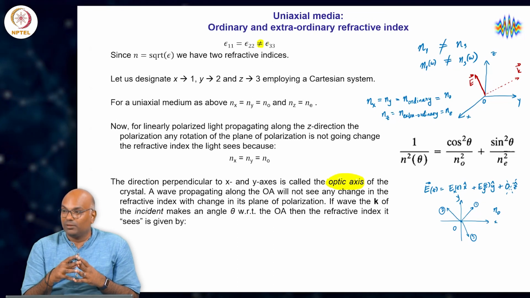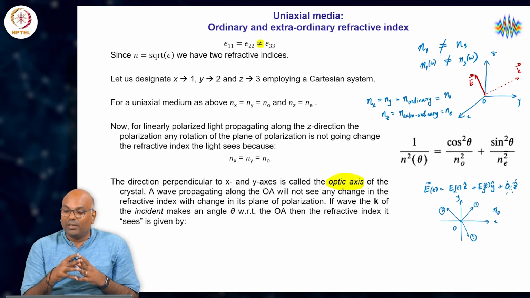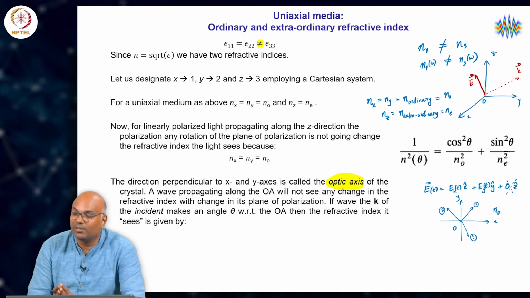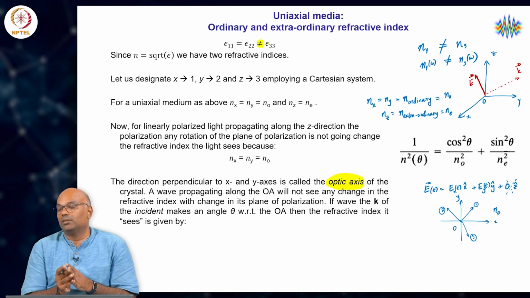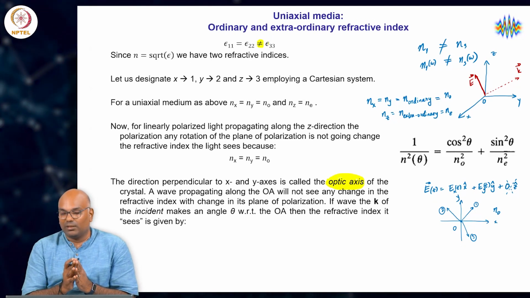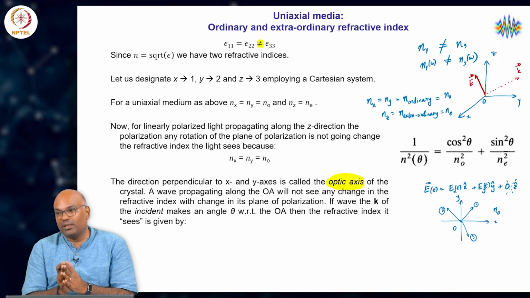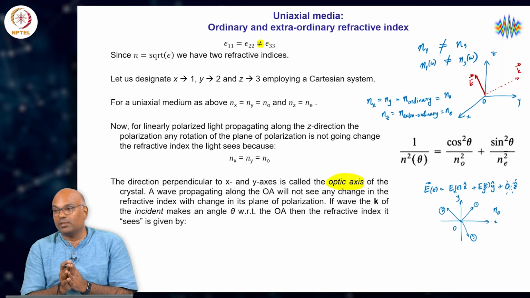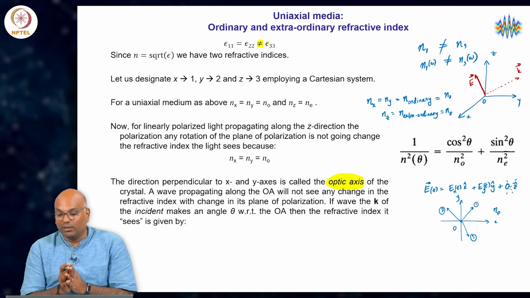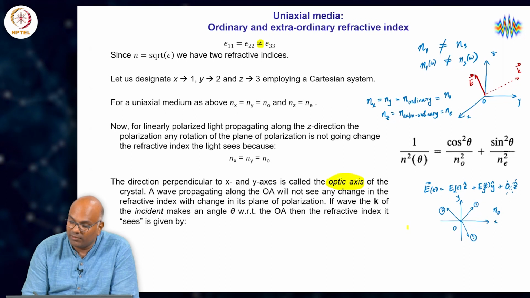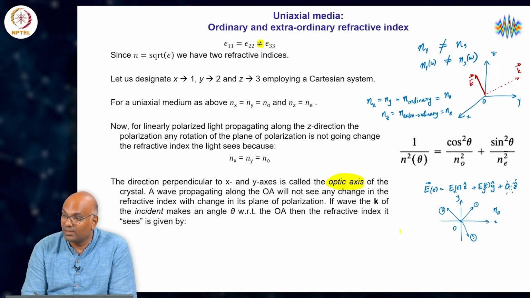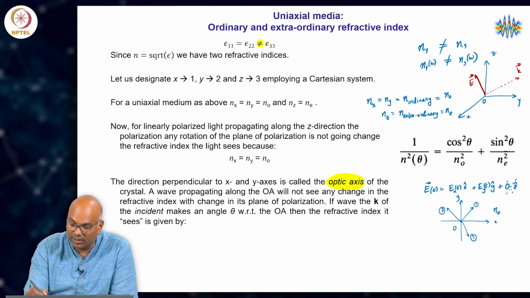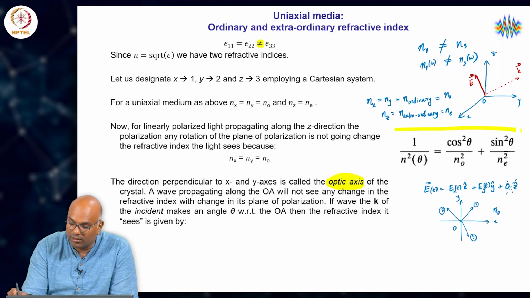However, if an electromagnetic wave enters a crystal and propagates at an angle theta with respect to the optic axis, then the refractive index as seen by that wave, provided the electromagnetic wave is linearly polarized, is given by this equation.